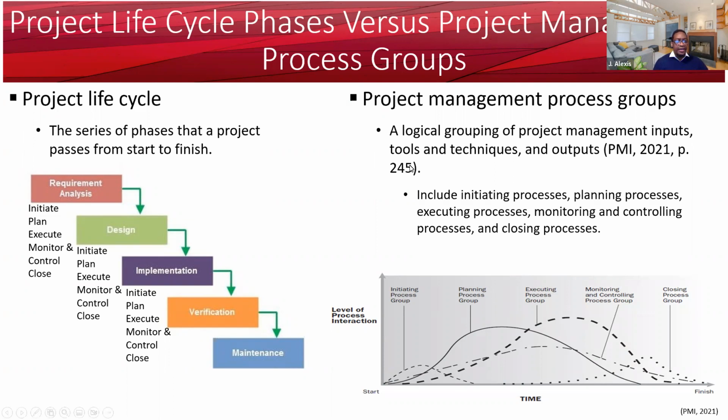As you can see here, for each phase of a project, to my left, you could use the project management process groups to initiate, plan, execute, monitor, control, and close, and start over. This is what we call an iterative process, where each phase of the project is actually treated as a project itself. So as you can see, there's a clear difference between project management process groups and project lifecycle phases.